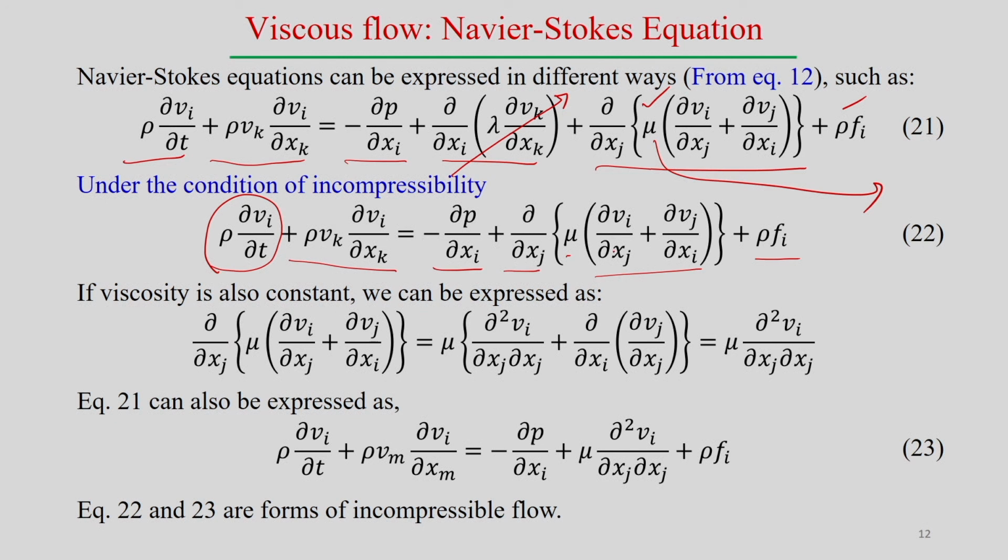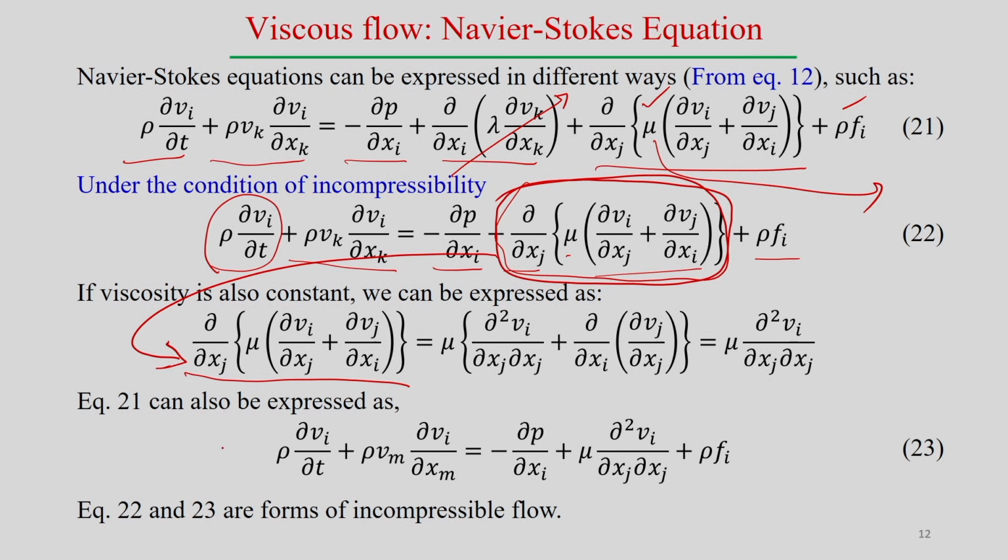If viscosity is constant, this term can be further simplified. So, viscosity is constant, keep the viscosity outside the integrand, and then do the exercise. In this case we will be able to find del Vi by del x.